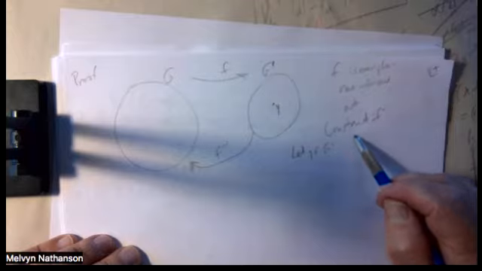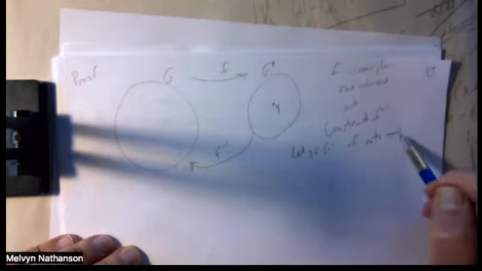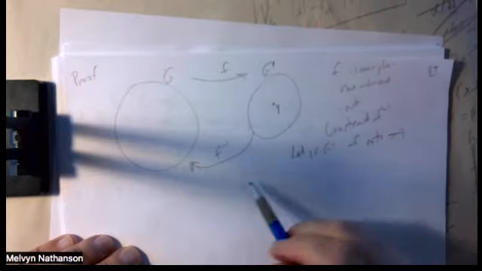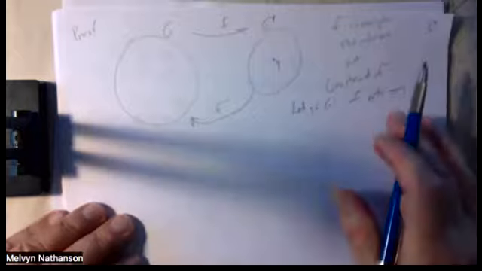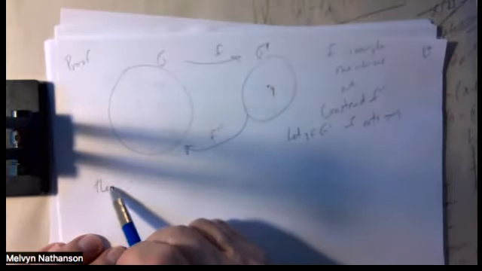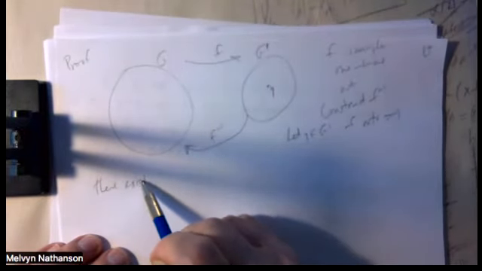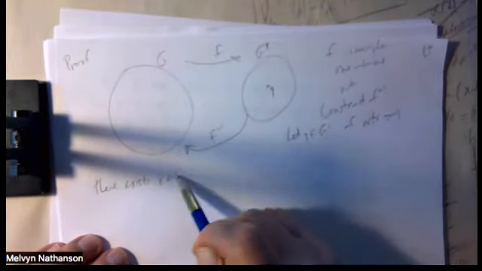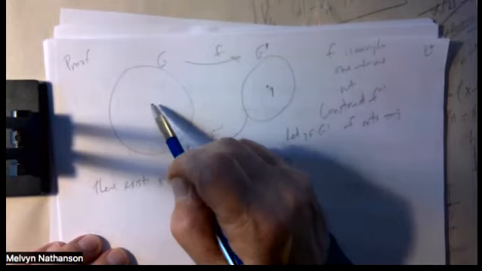So because f is onto, this means there exists an x in G such that f of x equals y.